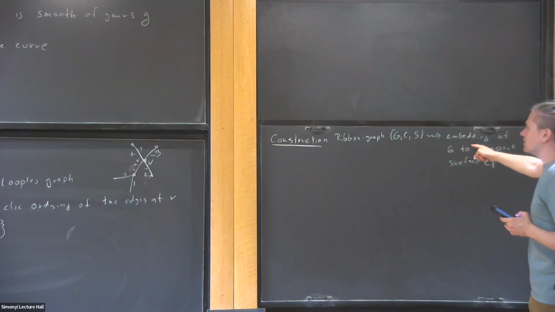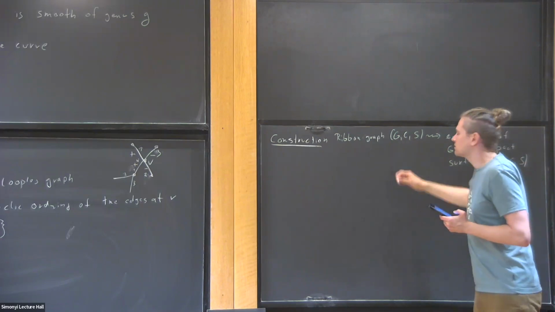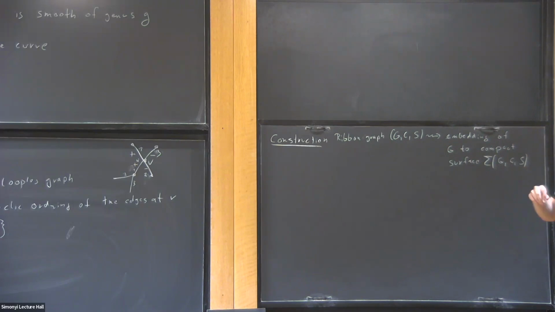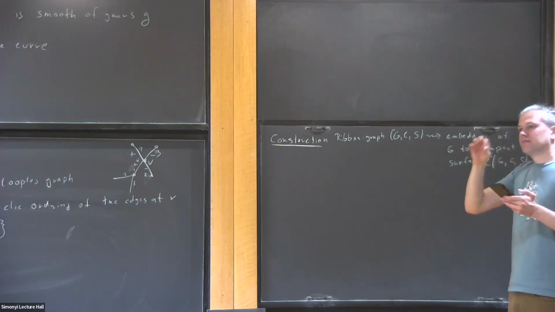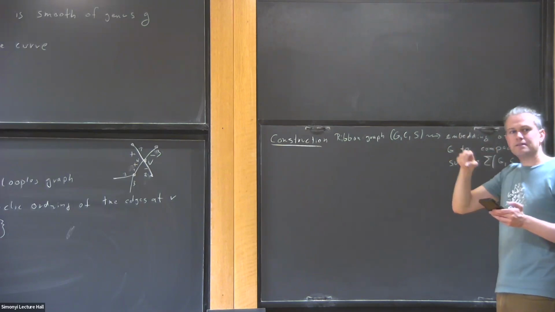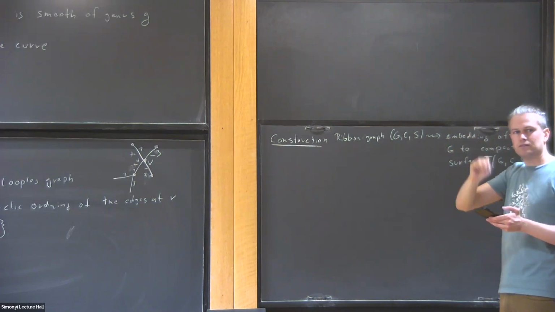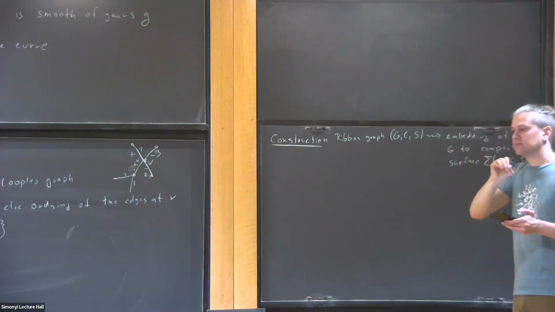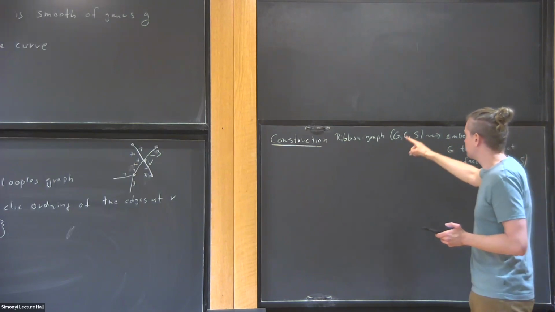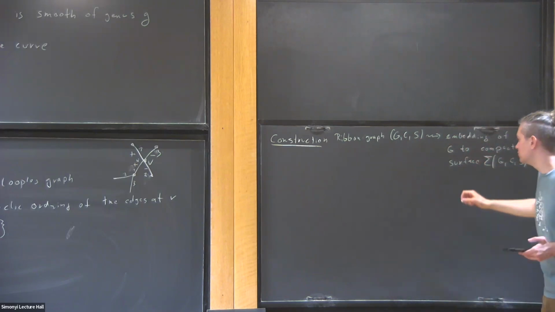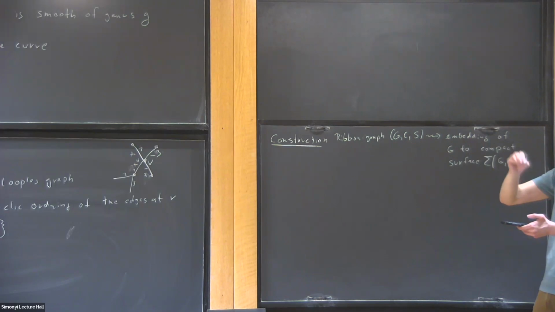So the idea of this construction is you have this graph, and then you take a certain set of cycles in this graph, and to these cycles you attach a disk. And I want to explain which cycles you have to choose to attach a disk.